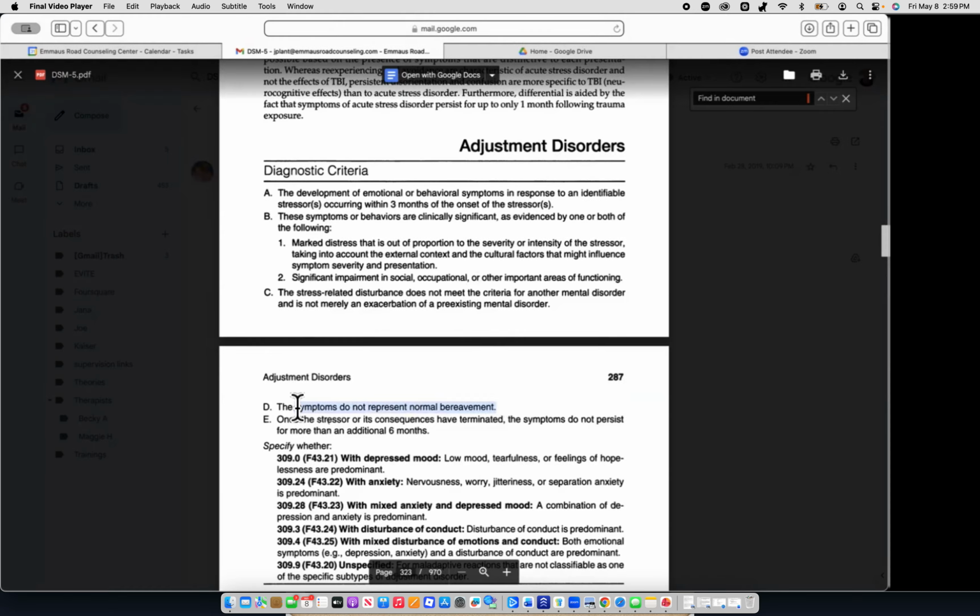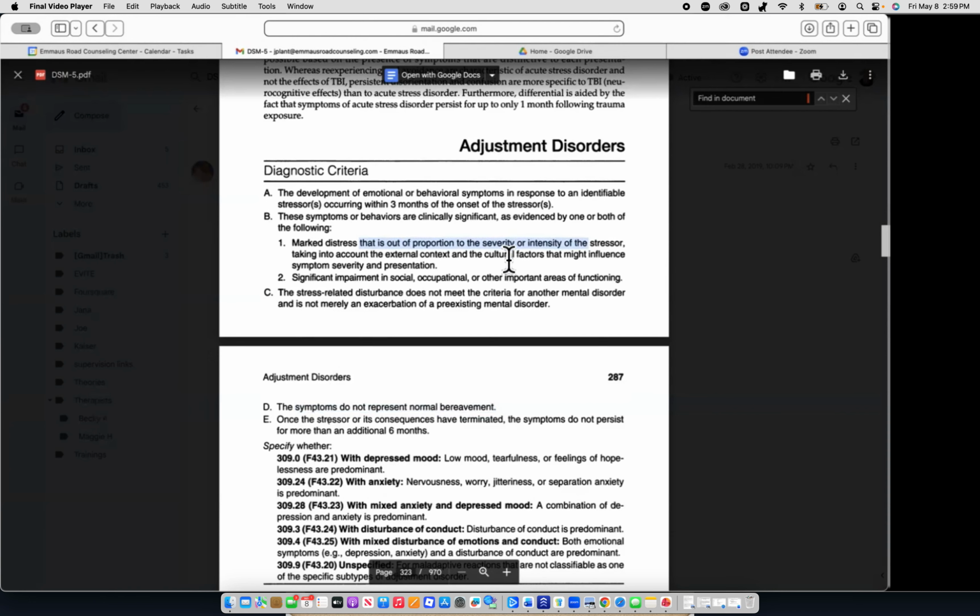When you go through bereavement, you will have a natural response to it, which can resemble some mood disorders, anxiety, could resemble even depression, it could resemble even PTSD symptoms, but it's looking at the impairments in functioning that is out of proportion to the severity of the stressor.